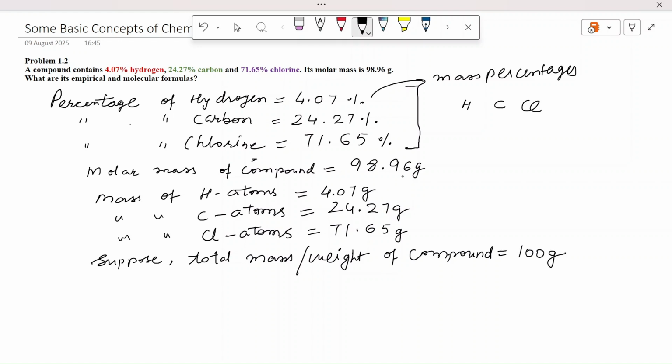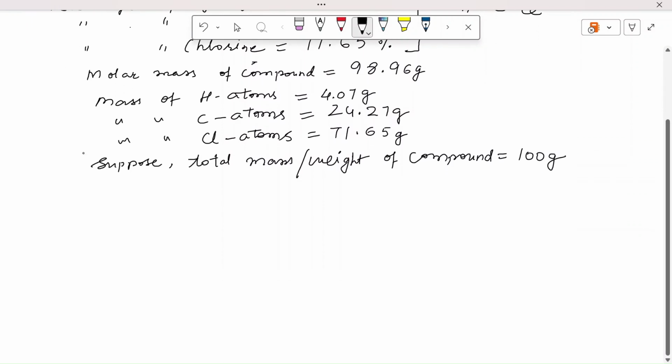Now we are going to convert them into the number of moles. Moles of hydrogen will be equal to the given mass divided by molar mass.